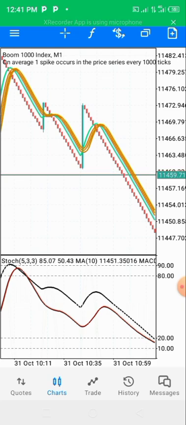So guys, first of all, before I show you how this works perfectly, like I always say, if you want to scalp the market, scalping needs you to sell. If you are scalping boom, you need to be selling, and if you're scalping crash, you need to be buying. That's how you scalp. And before you scalp, you have to understand price action, like I always talk about. Price action is very, very important.